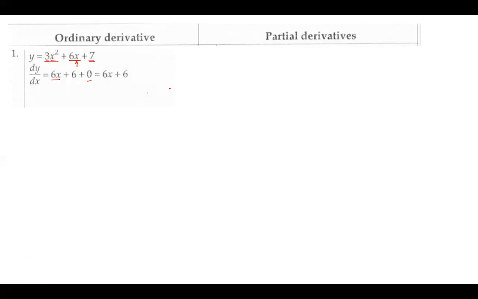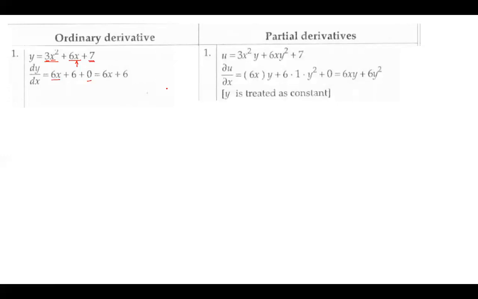Now let's see an example of partial derivatives. If u is equal to 3x squared y plus 6xy squared plus 7, then dou u by dou x, the partial derivative of u with respect to x, is given by: derivative of x squared is 2x, and 2x times 3 gives us 6x.